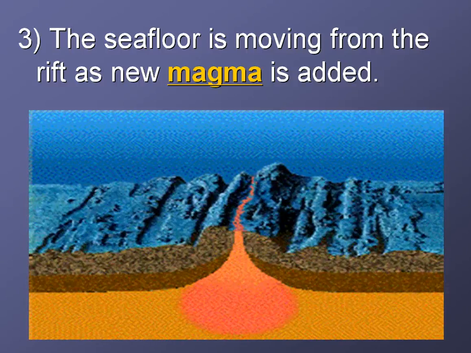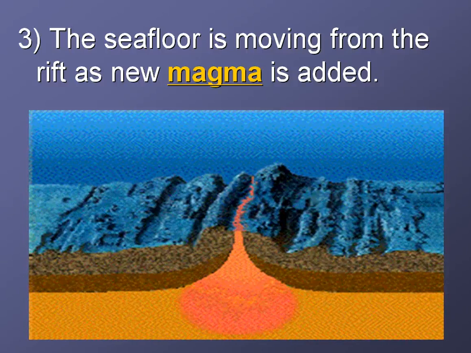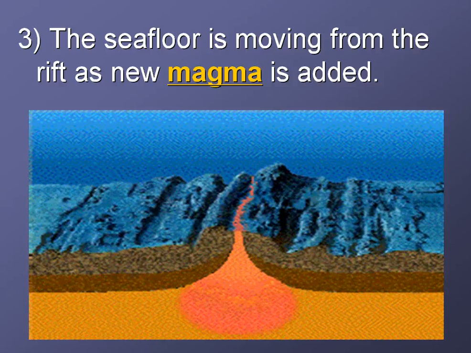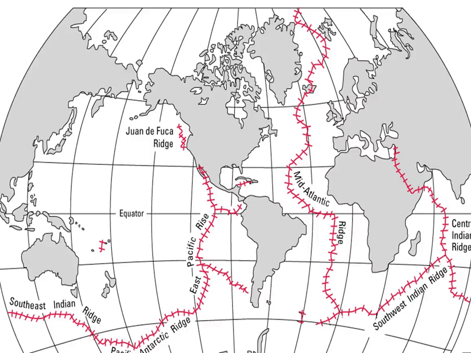But you can see the rocks getting older and older as you move away. And the scientists theorize the seafloor is moving from the rift as new magma is added. So it's moving apart, but you're not going to get a huge void with nothing. New magma is coming up, and it's creating new land.